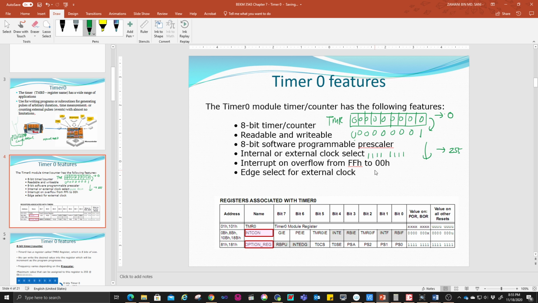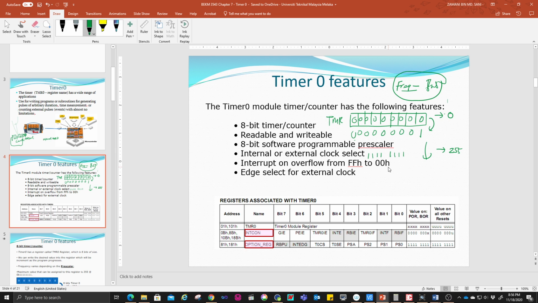This is timer zero. The counting is uniform, depending on the frequency of the clock, the instruction cycles, all of that. So this is an 8-bit timer counter. It must count from 0 and go upward. It cannot count backward. It must start from a lower number, then it can count up to a higher number.